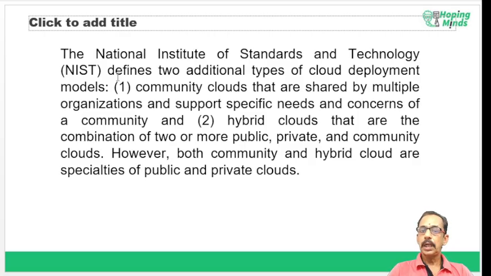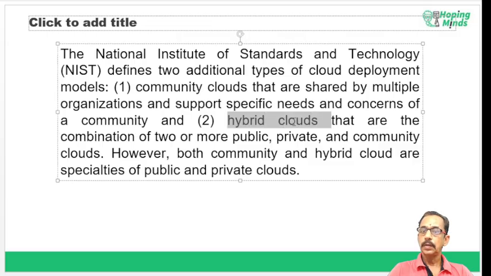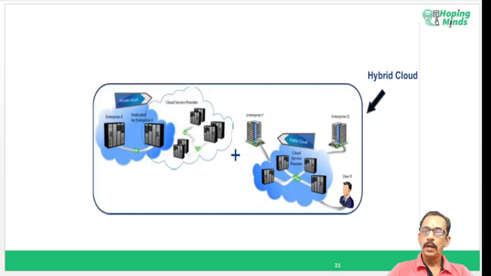Two additional types of cloud deployment are community and hybrid cloud. Community is managed by two or three more organizations or communities as per their requirement. Hybrid is the combination of private as well as public cloud.